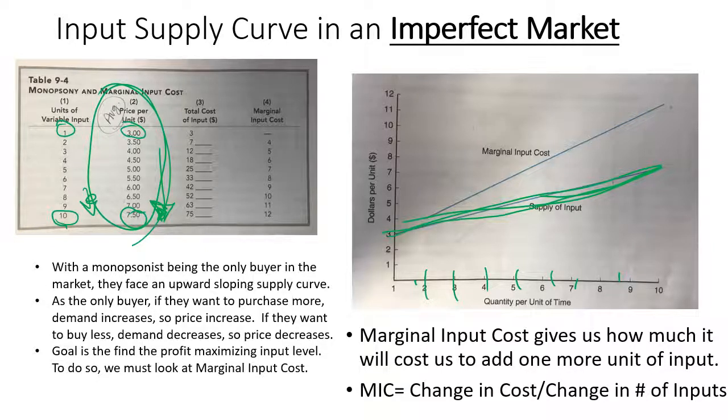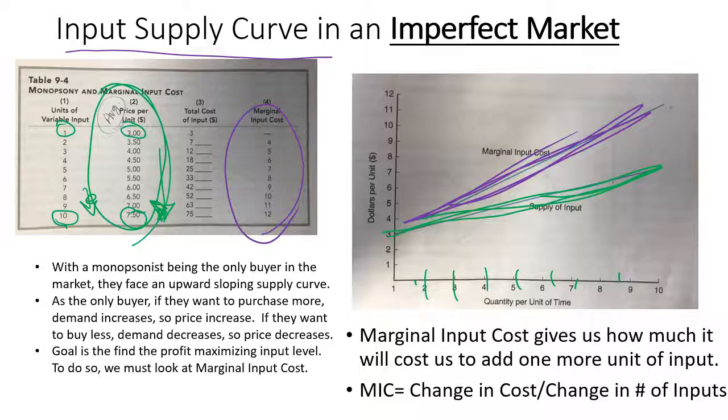And the marginal input cost curve, what's listed here in the purple, has to do with how much one more unit of labor or one more unit of input is going to cost us. So this is why our input supply curves look different in an imperfect market than in a perfect market. And we can see all of that here.